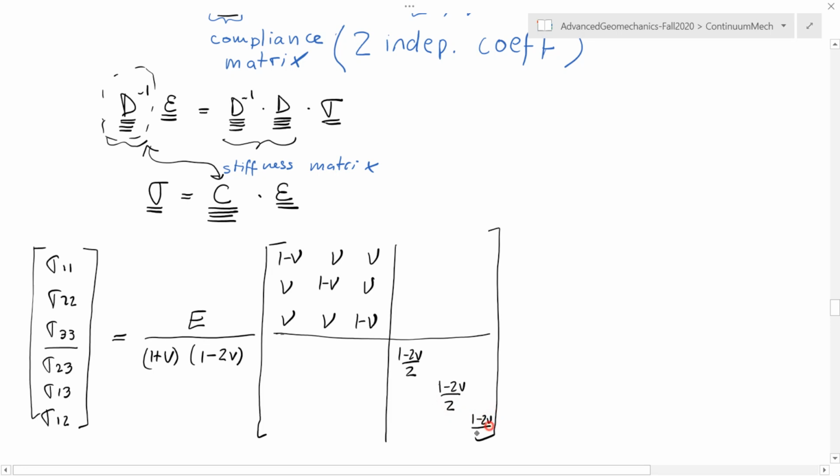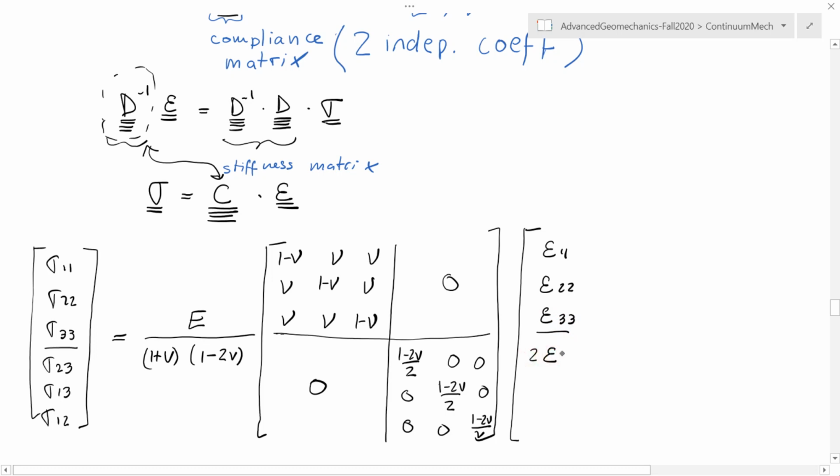And remember, these are zeros. This is 0, this is 0, and here we have the strain. Okay, so we are done.